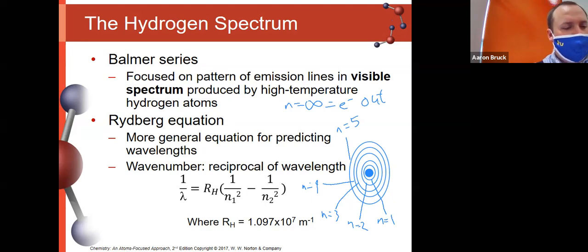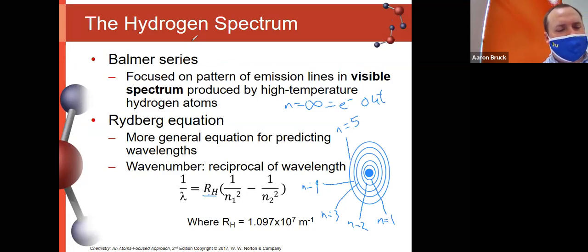And so when we use this equation, a couple of things to point out. RH is something called the Rydberg constant. The Rydberg constant is 1.097 times 10 to the 7th wave numbers, reciprocal meters.